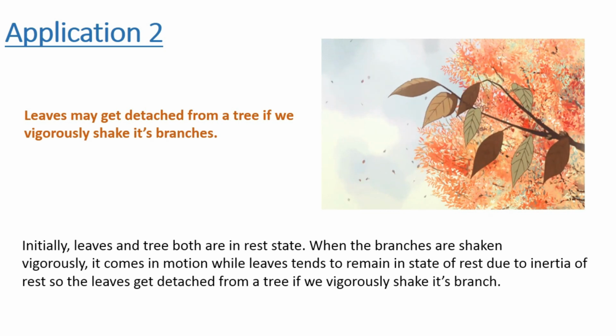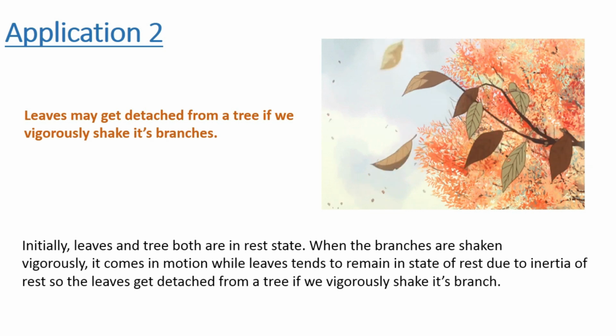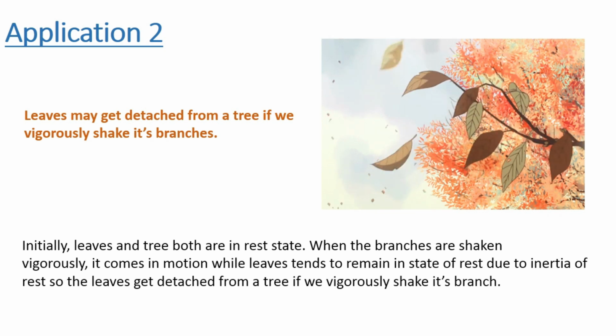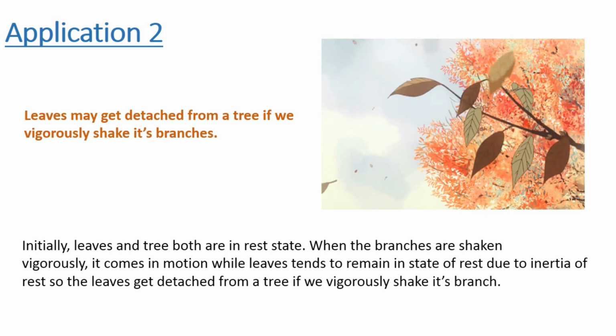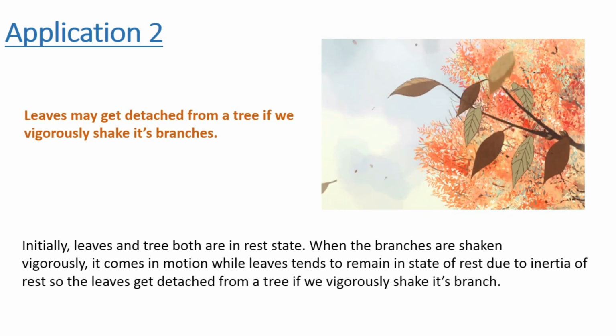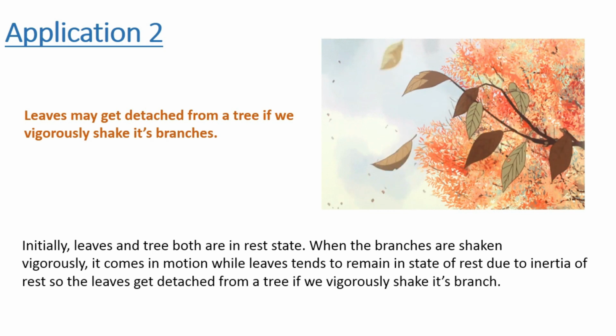It means on whatever we are applying the force, only that object will come in motion, while the other one tends to remain at rest. In this case we have applied the force on the branches, so the branches will come in motion. We have not applied force on the leaves, so the leaves tend to remain at rest because of inertia of rest.